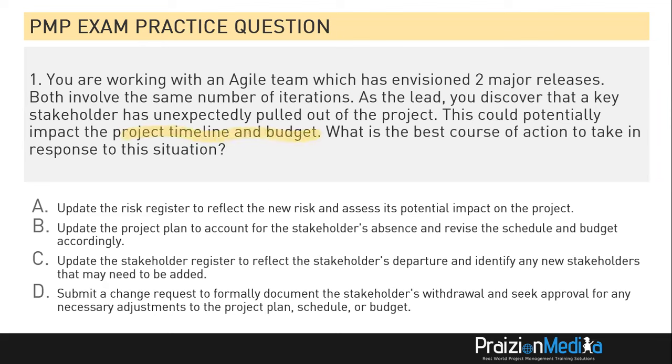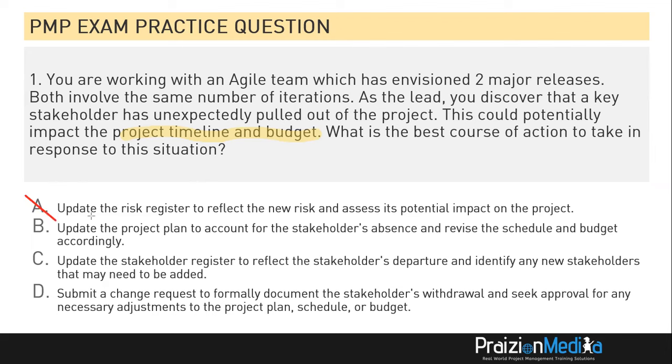So the best course of action in response to an unexpected withdrawal of a stakeholder where the timeline and budget could potentially be impacted is not to update the risk register. No, this is something that is happening, so it's not a risk. This is something that's happening right now.